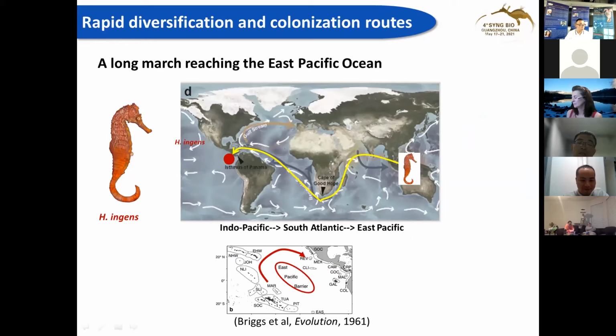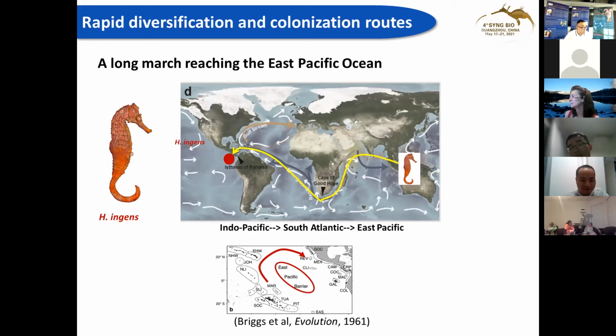Another interesting point is about the East Pacific group, which refers to Hippocampus ingens. According to the above results, it seems that Hippocampus ingens diverged from the ancestor in the IAA areas and dispersed westward, crossing the south of South Africa and also the Panama Sea, and finally arriving in the East Pacific areas.